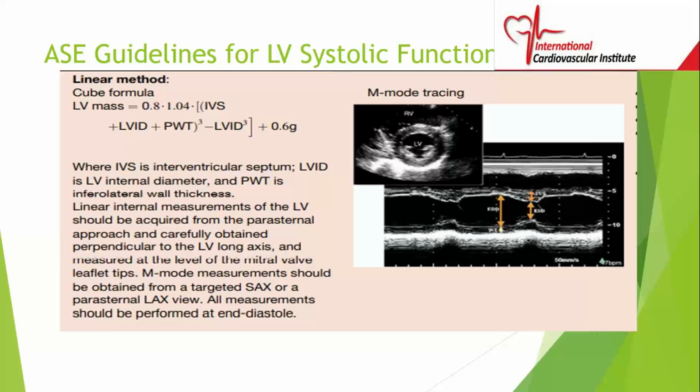Does this patient have concentric left ventricular hypertrophy? Or does this patient have eccentric hypertrophy? So you don't have to do the calculation for the LV mass, but you have to know the different things that go into that: measuring the septum, the LV internal diameter, and the posterior wall.